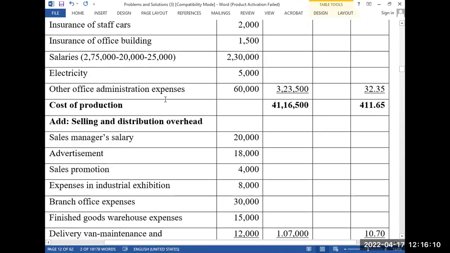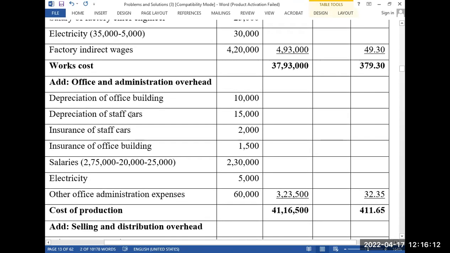Look at this. Depreciation of office building, depreciation of staff car, insurance of staff car, insurance of office building, salary. Total is 2,75,000. Out of that, 45 is gone for factory and selling and distribution. So the remaining comes under office. Electricity of office 5,000. Other office admin expense 60,000. So total is 3,23,500 divided by 10,000 is equal to 32.35 per unit.